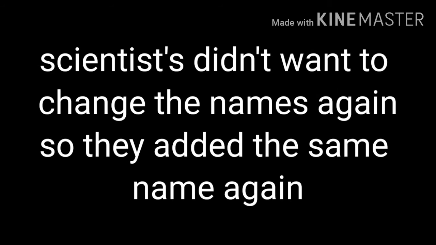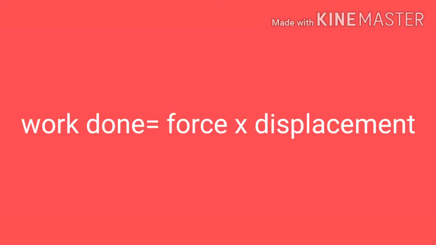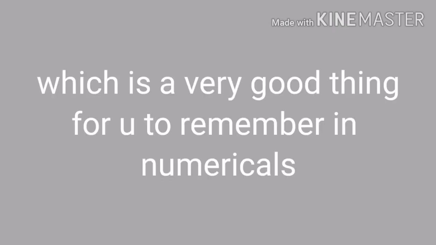And they differ a lot, so scientists did not want to change other names, so they added the same term, work. So what is work done? Work done is equal to force into displacement, which would be a very good thing for you to remember in numericals.